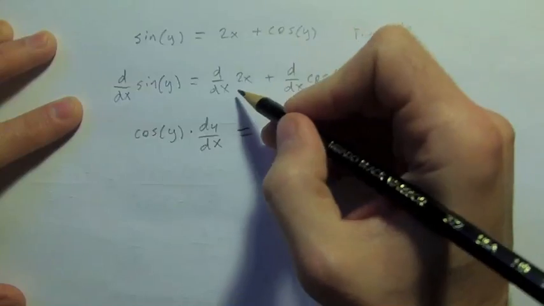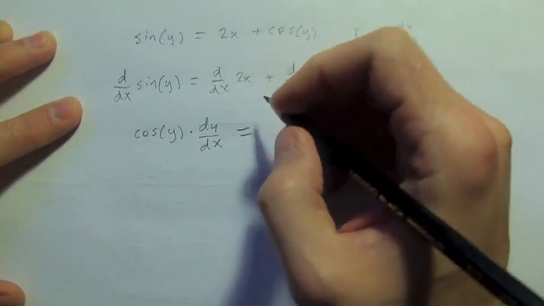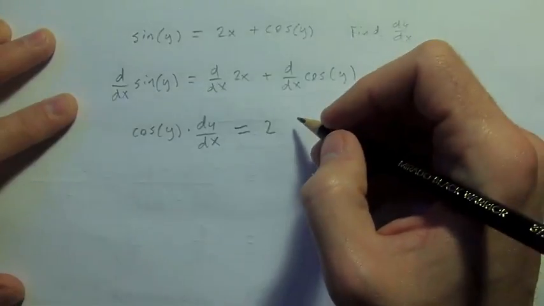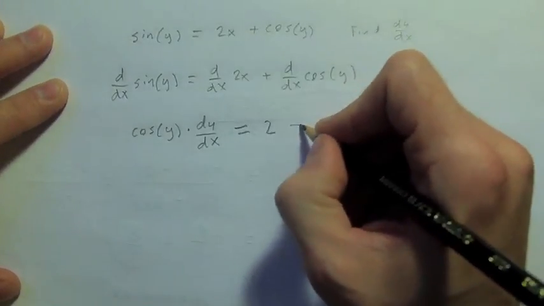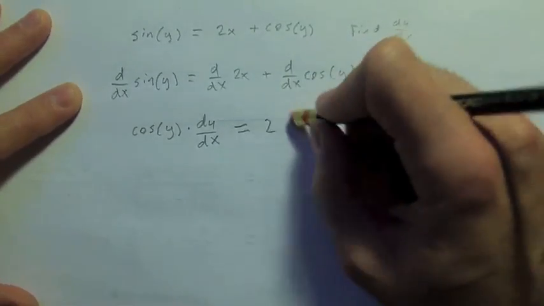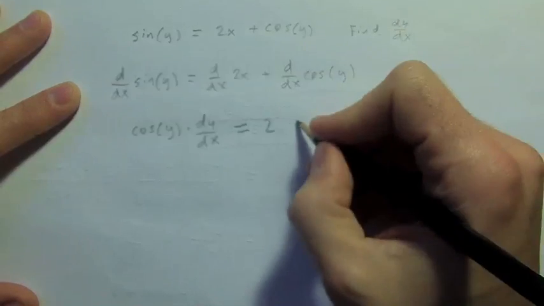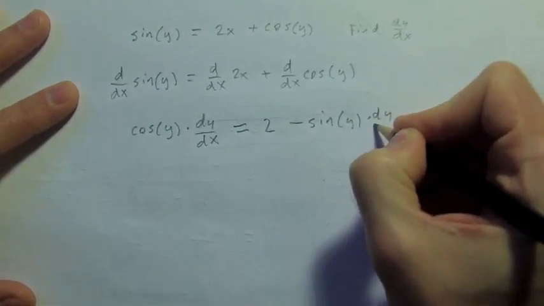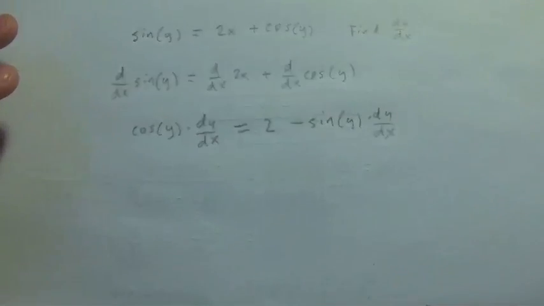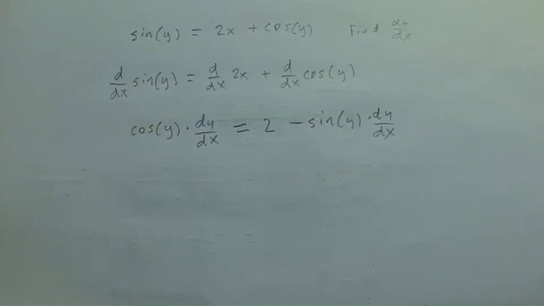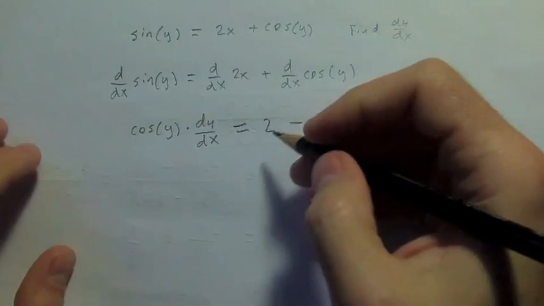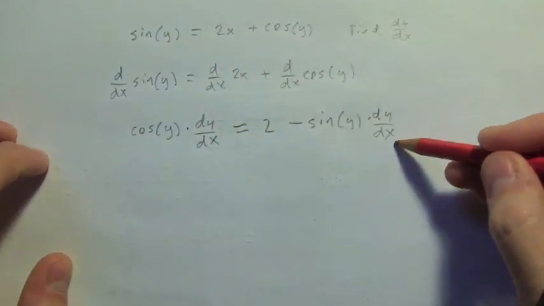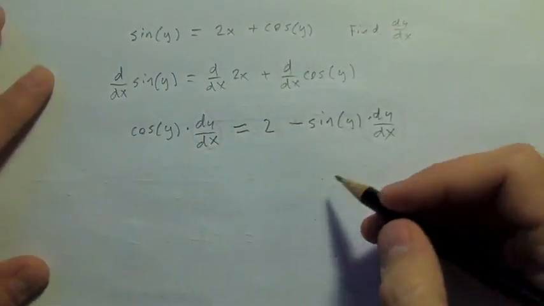Okay. Then I move over to the other side. The derivative with respect to x of 2x is 2. Okay. And plus the derivative of cosine y, which is going to be negative sine y, but remember we have to multiply by the derivative of the inside. Right? Then from here, remember we want to solve for dy over dx, so we're going to move all those over.